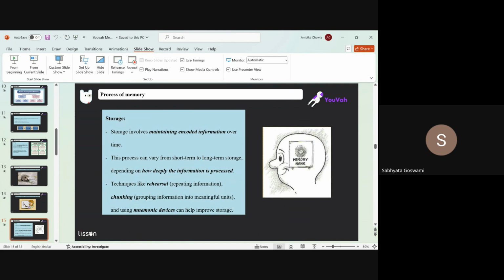It can vary from short term to long term storage depending on how deeply the information is processed, which means that if information is processed very well, then it is kept in long term storage, and if it is not processed as strongly, then it is in short term memory. And different techniques like rehearsal, chunking and use of mnemonic devices can help to improve storage, right? These are techniques that we've already discussed before. So let's just go ahead.